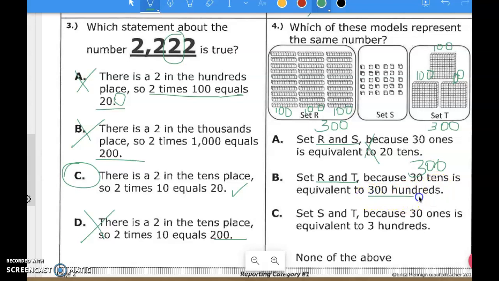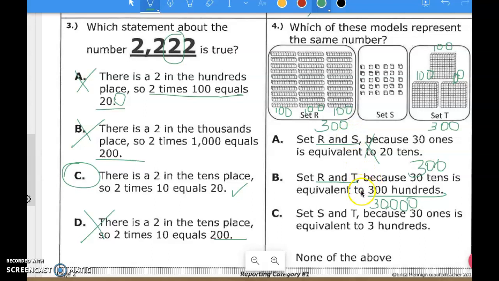Okay, this is confusing. 300 hundreds is this number right here. 300, and then how many zeros does 100 have? 2 more. So that's the number. 300 hundreds is 30,000. Sets S and T, be very careful.